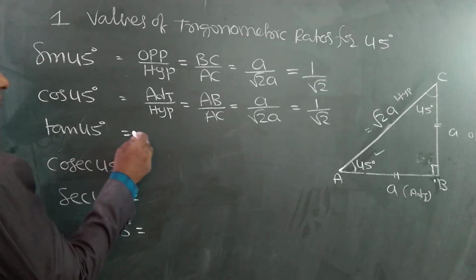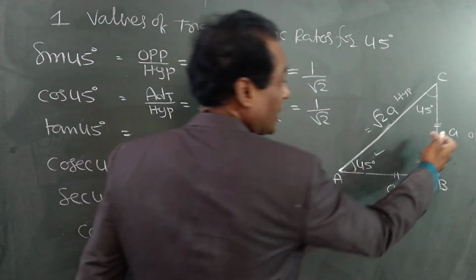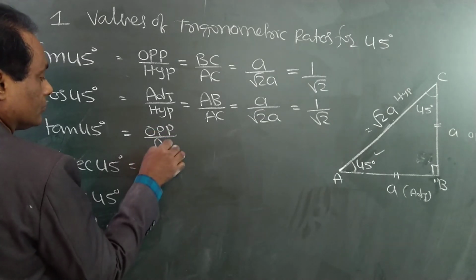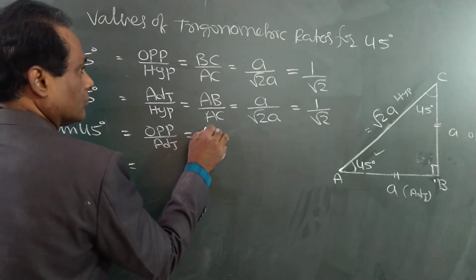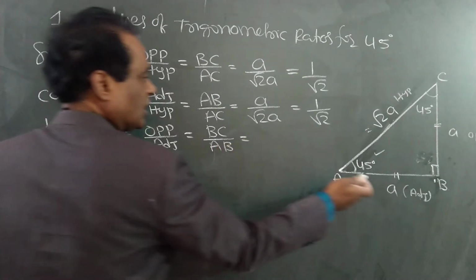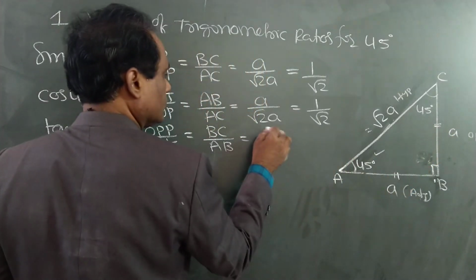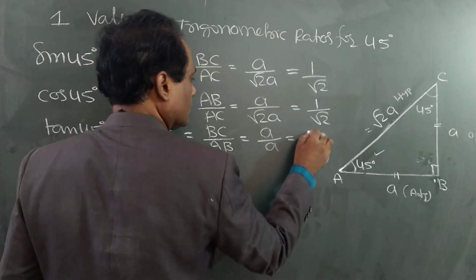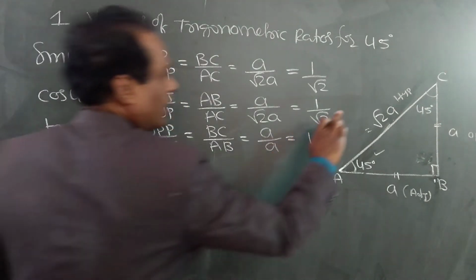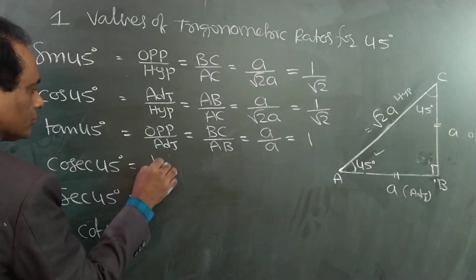Next, tan 45. See the tan definition: opposite by adjacent. A by A, which is 1. Cosecant definition: hypotenuse by opposite.